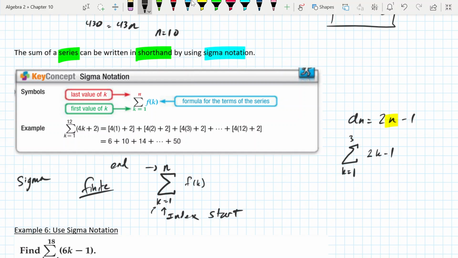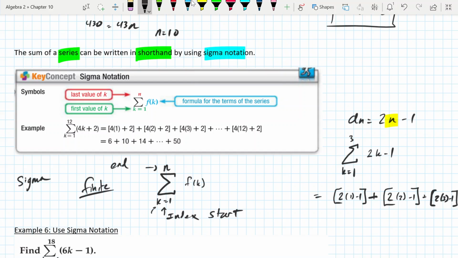And basically what this symbol means is plug in 1 for k, 2 times k minus 1. That's your first term, plus plug in, you just increase that k value and go to the next term. So now it would be 2 times 2 minus 1. There's my second term. And my third term would be 2 times 3 minus 1.